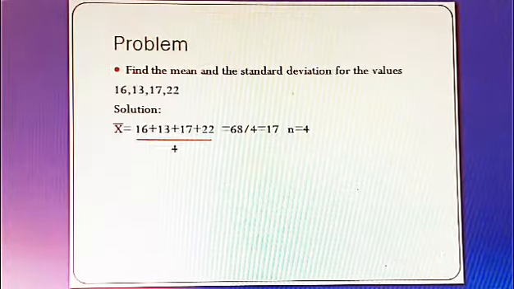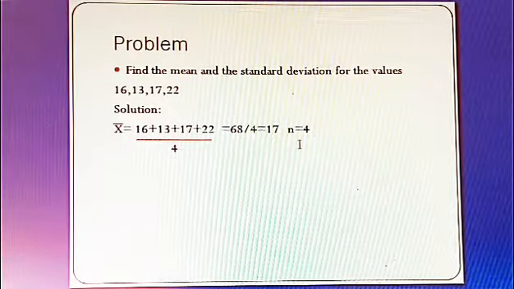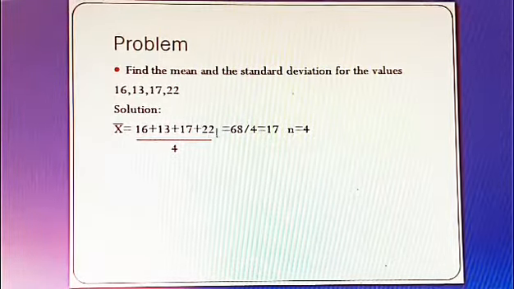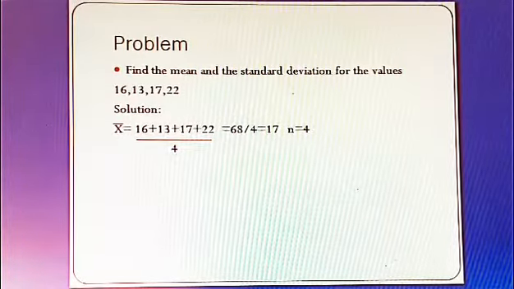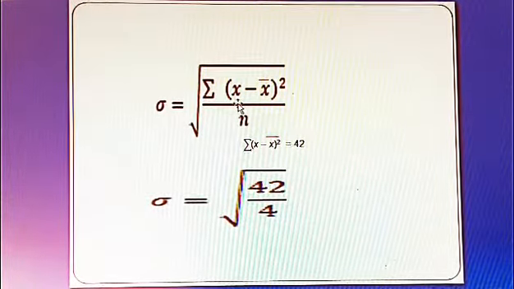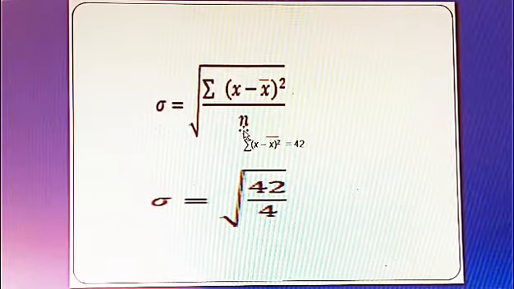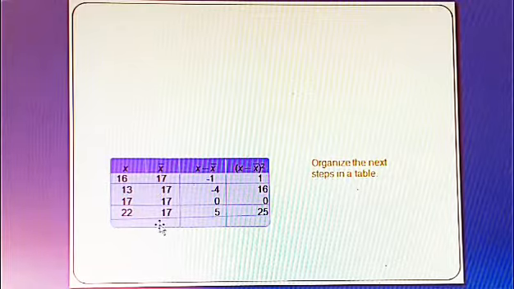Okay, students. So what we did: we found the arithmetic mean, just finding the average, adding the given values divided by 4, and we got the arithmetic mean 17. In order to find the standard deviation, we applied this formula: sigma is equal to under root of summation x minus x bar the whole square divided by n. We made a tabular column. We arranged the x values. We found the x bar.